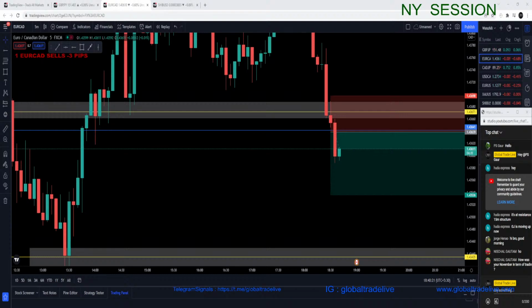Let's just hope that this 5-minute candle will also break the low and push the price all the way down.